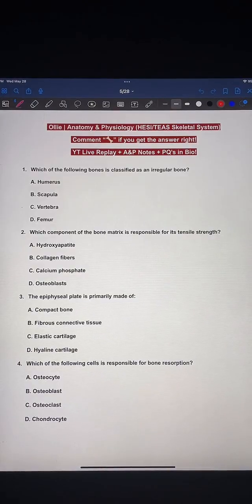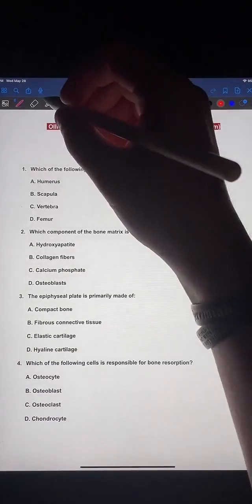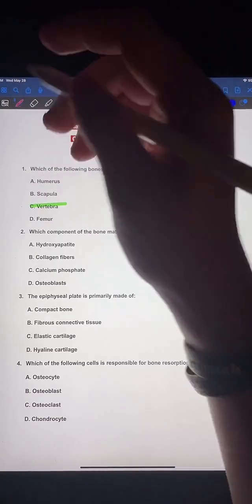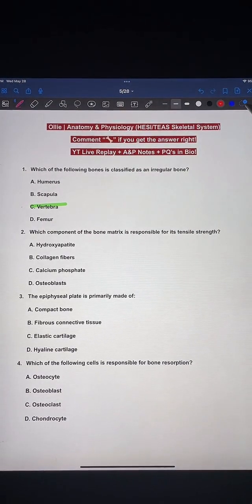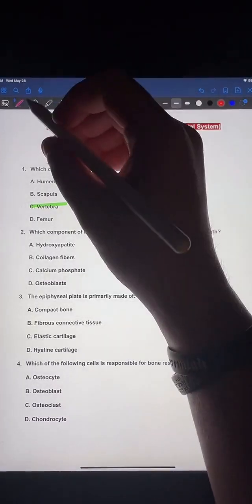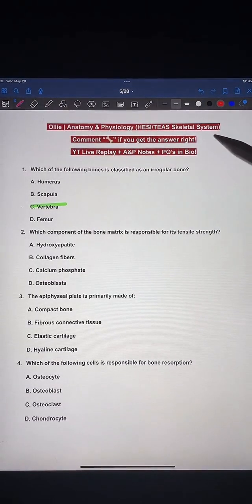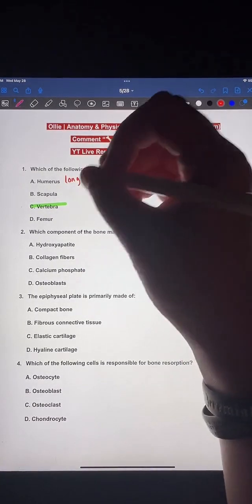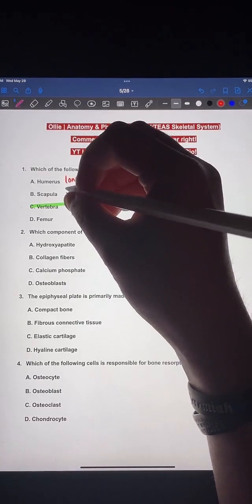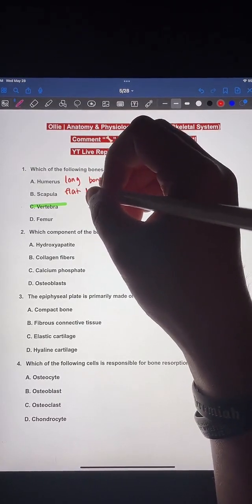So number 1, the answer is C. If you got it right, comment a bone emoji. The vertebra is an irregular bone because it has a complex shape. It doesn't fit the other categories. Like the humerus would be a long bone. The scapula would be considered a flat bone.